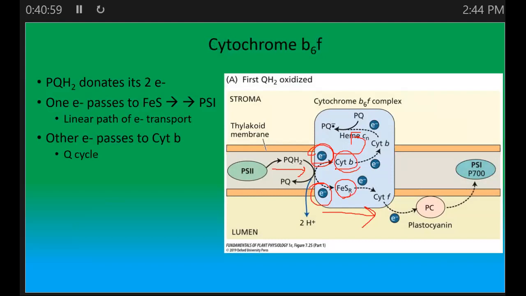So within the cytochrome B6F, the Q cycle is this PQH2 donating the electron to the cytochrome B, the first cytochrome B. Then there, you can see there's another cytochrome B, and then there's a plastoquinone in this complex as well. So all of this that they're drawing up on the top portion, that's the Q cycle.